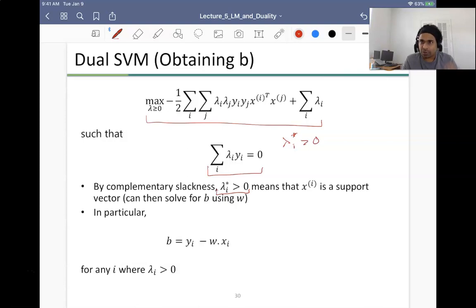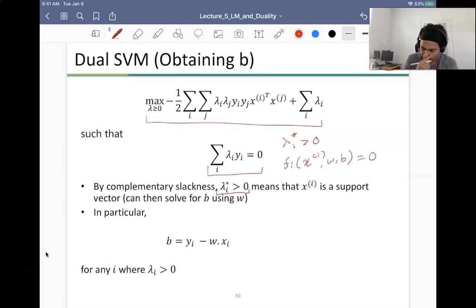Now using complementary slackness, if this term is strictly greater than 0, the corresponding constraint, which is f_i of the corresponding x_i, comma w comma b, must be exactly equal to 0.